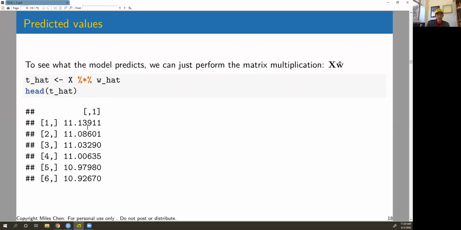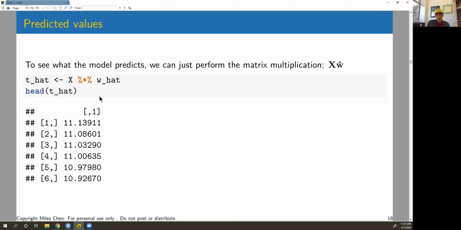When we are making predictions, our T hat is found by taking the input values X and multiplying it by our predicted values W hat. So we're going to do X times W hat, and that's going to give us our predicted values T hat.